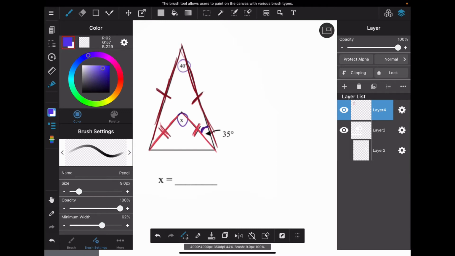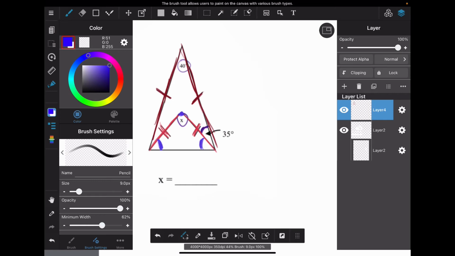And what we know about isosceles triangles is that the base angles, or the angles opposite of this other angle here that's marked by the two congruent lines, those angles are going to be congruent. So that means for this little triangle that this little angle on the right is congruent to this little angle on the left.